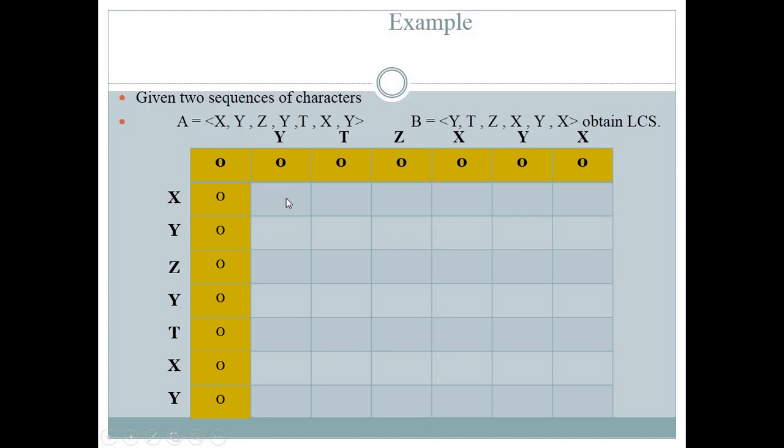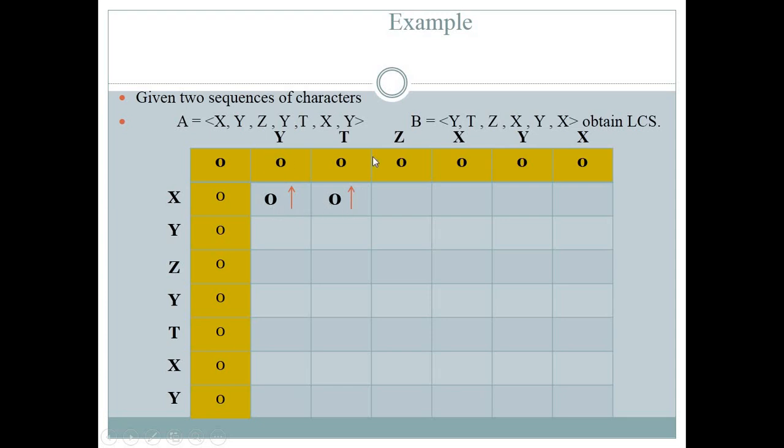So we will take reference from the above value which is 0. So here we will put 0 and we will put a sign that we have taken a reference from the above value.